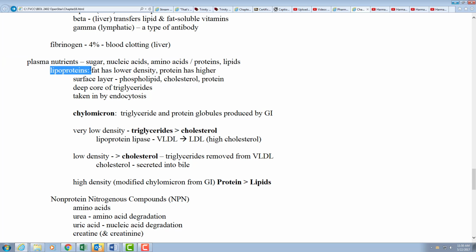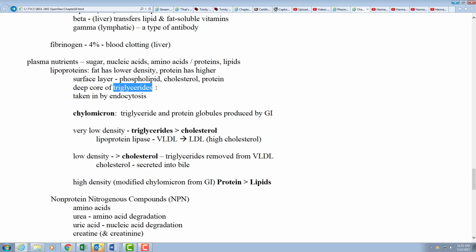Lipids. Now, you also have clusters. Some proteins have more hydrophobic amino acids on them than hydrophilic, and they'll tend to cluster together with other hydrophobic substances, making a mass of what we call lipoproteins. The surface layer will tend to be phospholipids, which have both hydrophilic and hydrophobic characteristics, some cholesterol, and again, proteins with mixtures of hydrophilic and hydrophobic.